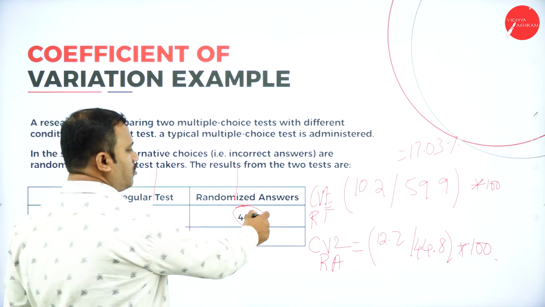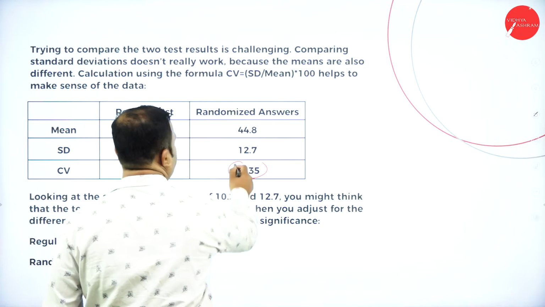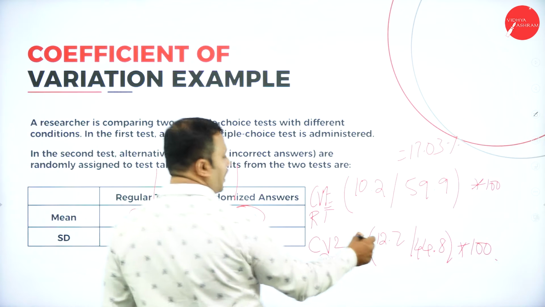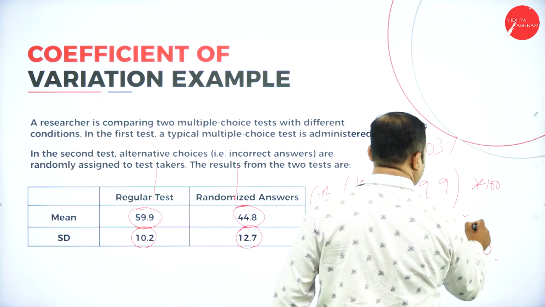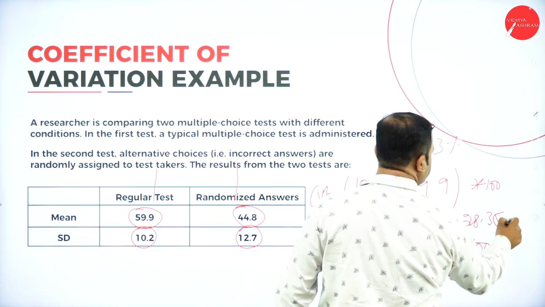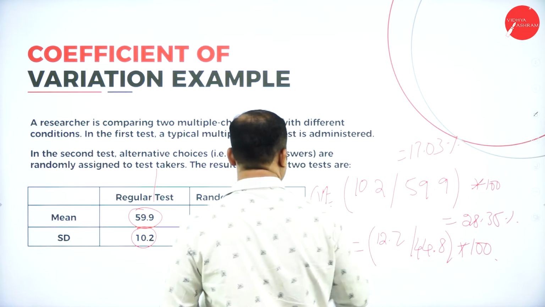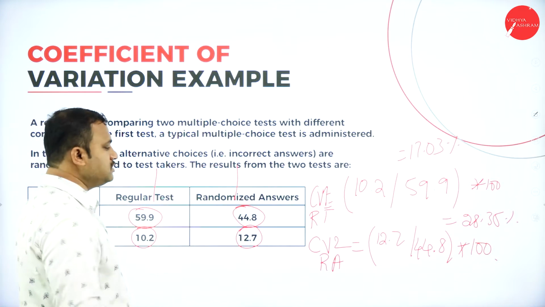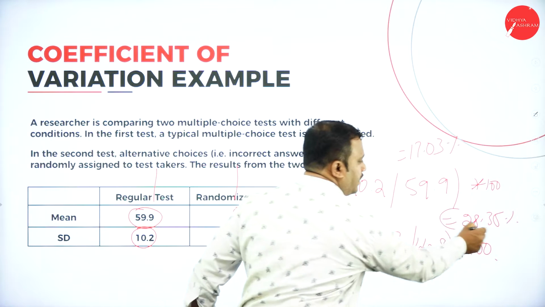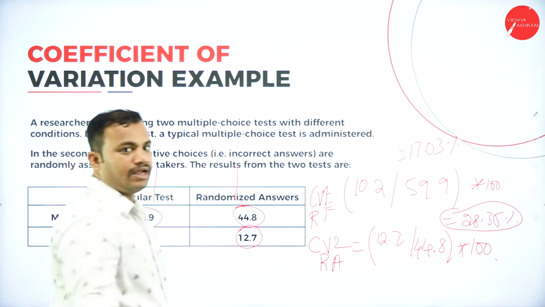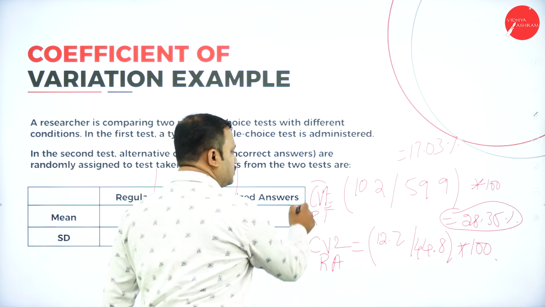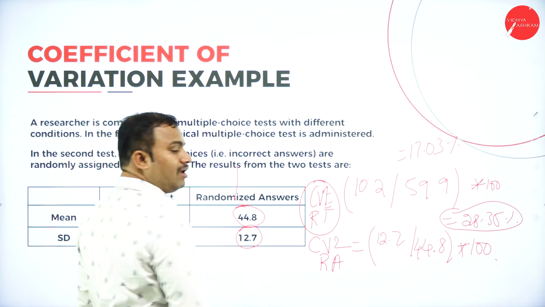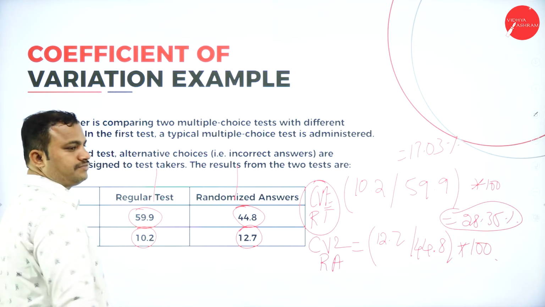Then what is the coefficient of variation for the other one? 28.35. Please notice that we have more variation here, 28.35%. In this case, which one has more variation? The value 28.35 is more variant than CV1, that is the regular test.